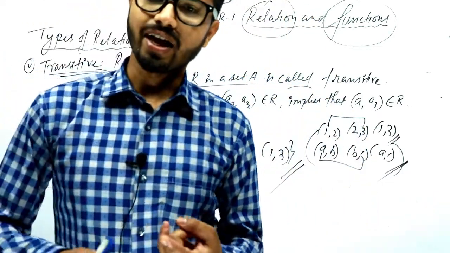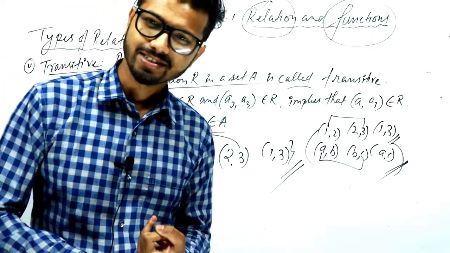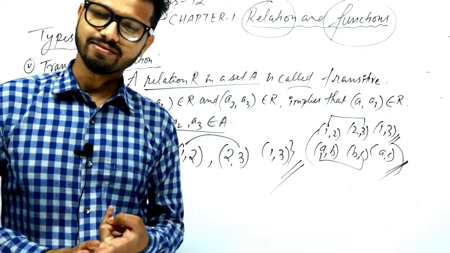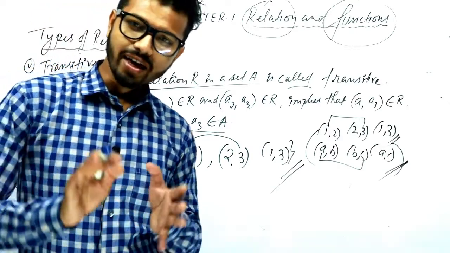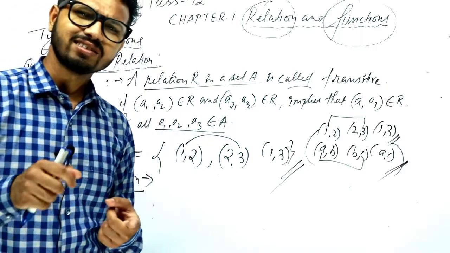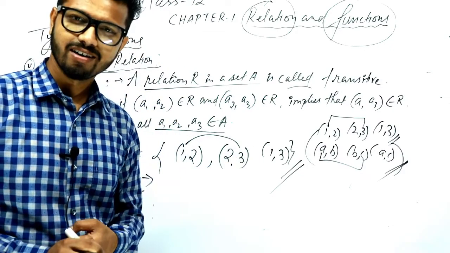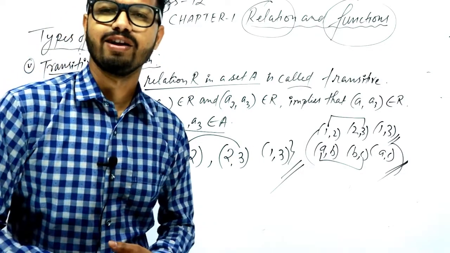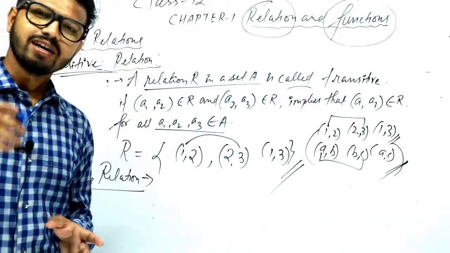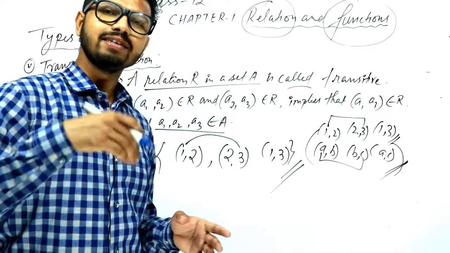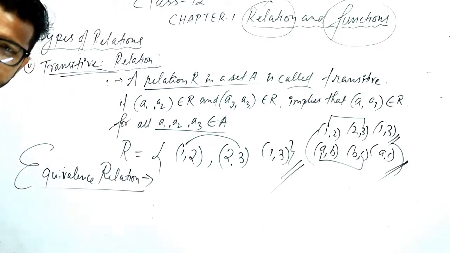Remember, if any relation satisfies the reflexive, transitive, as well as symmetric properties, that is, if a relation is symmetric, reflexive and transitive, it is called an equivalence relation. I hope you got the definition. So nice, so easy, isn't it?